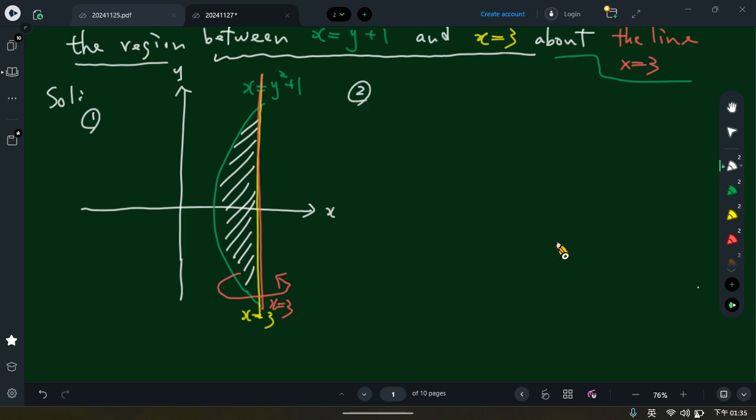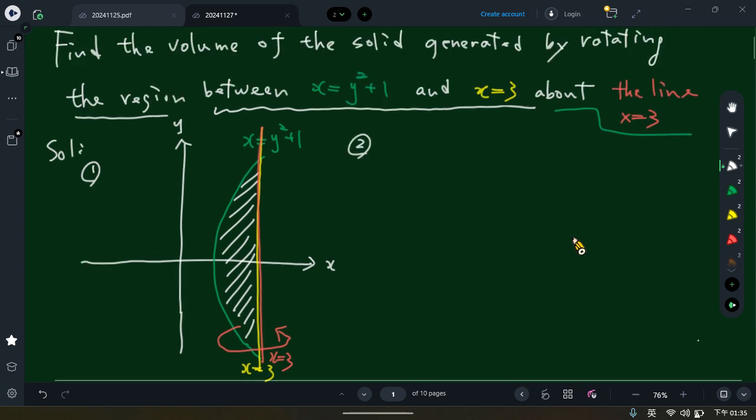The second step is, if we rotate it like this, we need to find the typical cross section. For example, at some certain y, how much value can it contribute?